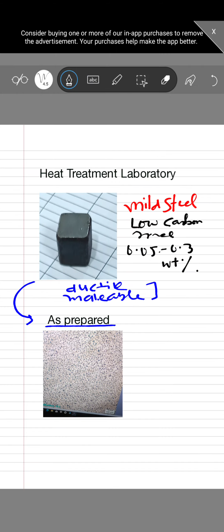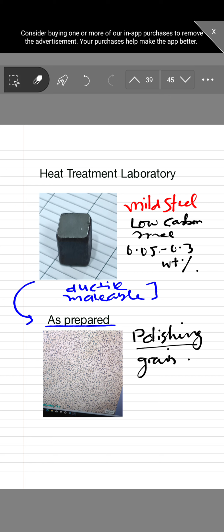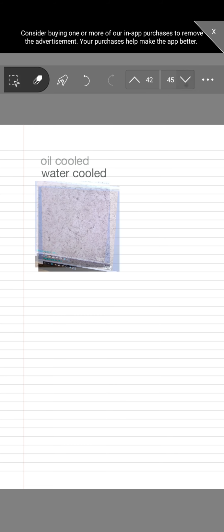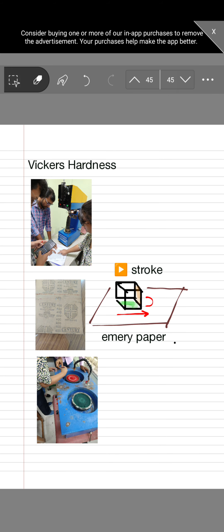Now there are certain steps in the polishing. The first step is polishing with an emery paper. You can see a YouTube video has been made before on how the polishing is done. There is a technique for it, it's not random rubbing.